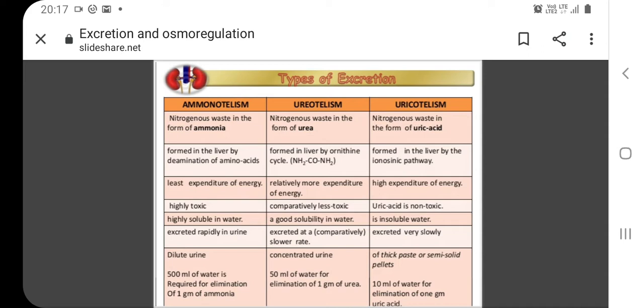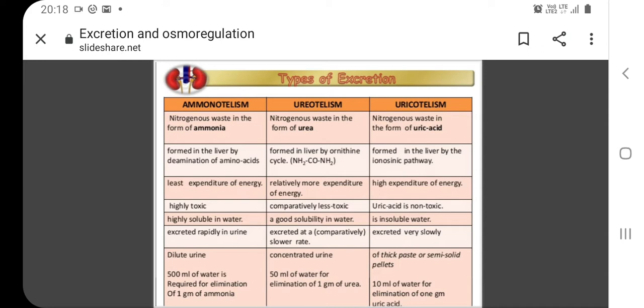Uricotelism, the nitrogenous waste is in the form of uric acid. It is formed in the liver by the ionogenic pathway. It requires a high amount of energy for its formation.